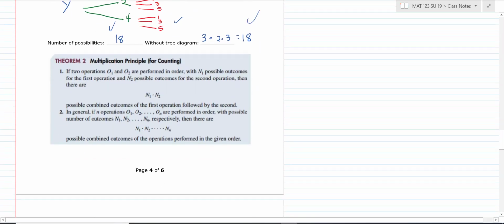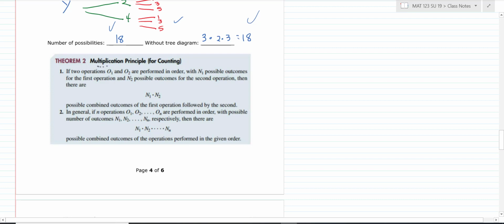Okay, so we kind of talked about the multiplication principle and basically what that means. This is just a theorem that comes out of the book, and without going through all the details, if you had 2 operations, you just multiply the number of outcomes in each operation.